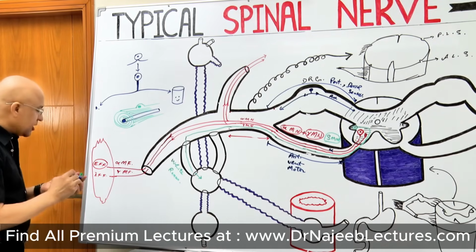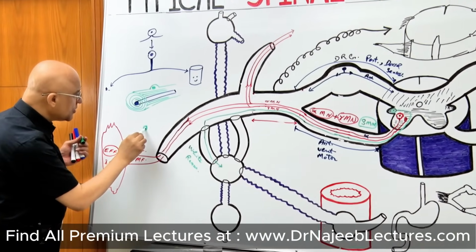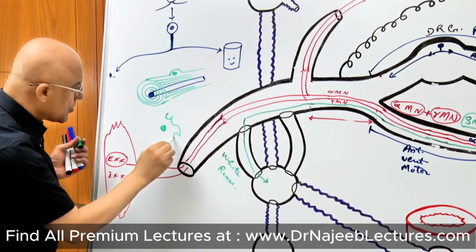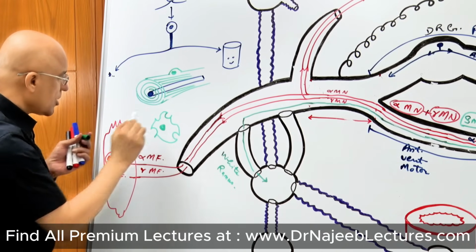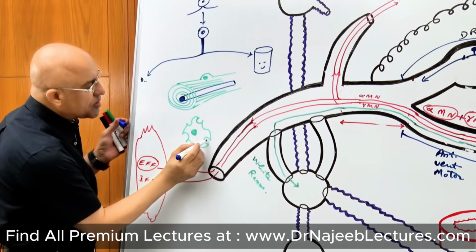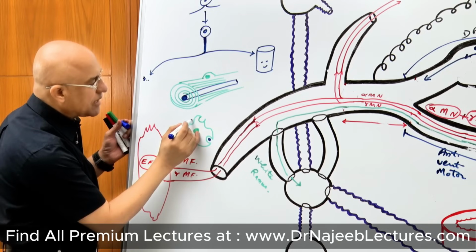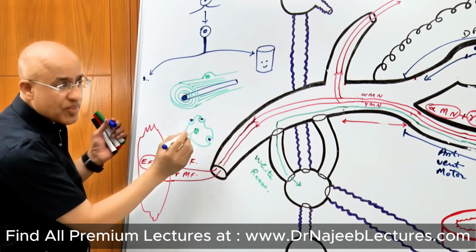But sometimes what happens is that the Schwann cell is here, this is one Schwann cell, and it just covers the axon, but its processes do not wrap around it, right?